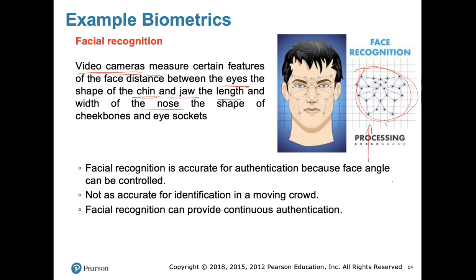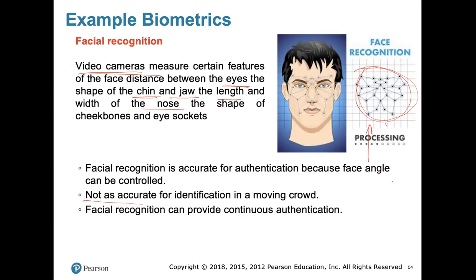Of course, it is not that accurate because you may move your head, you may look at the camera with slightly different angles that affect, for example, if you even turn your head 5 degrees toward left or right, the distance between two eyes will be affected.